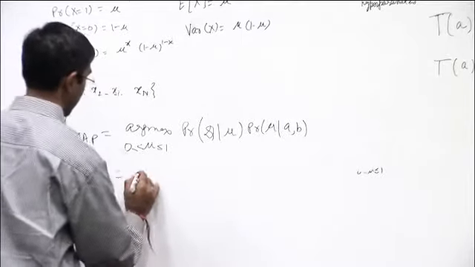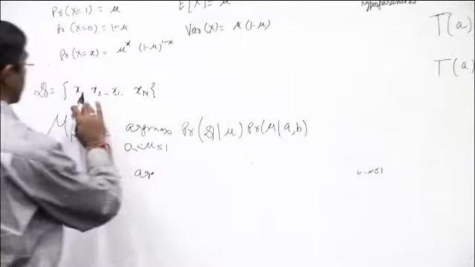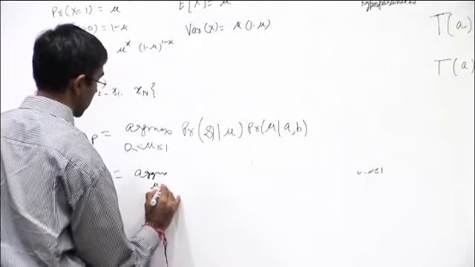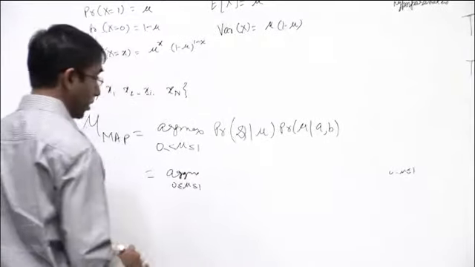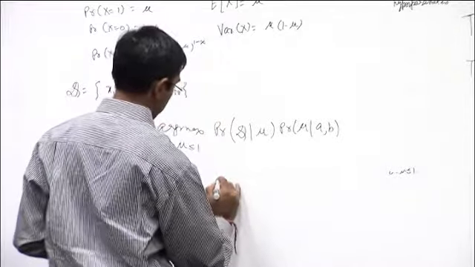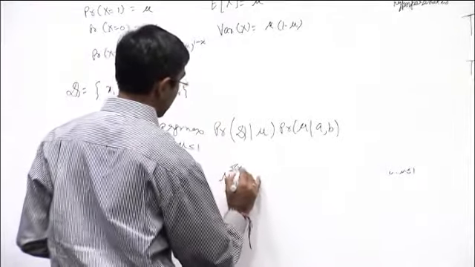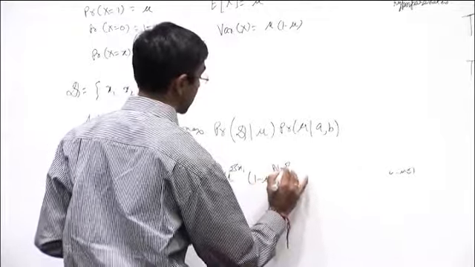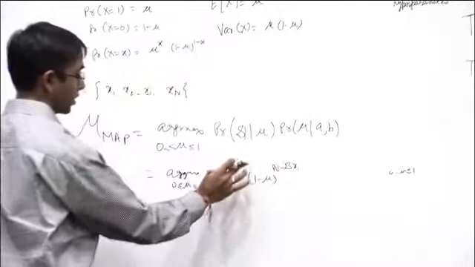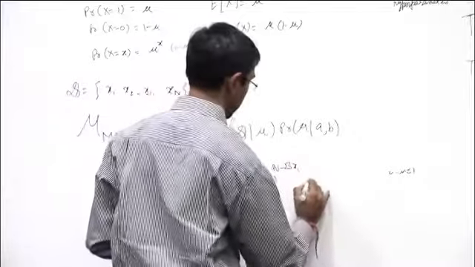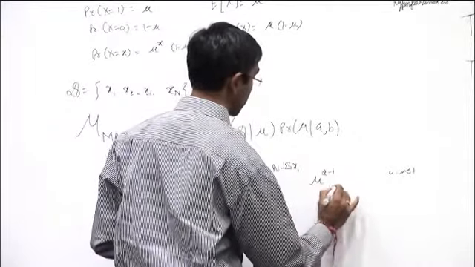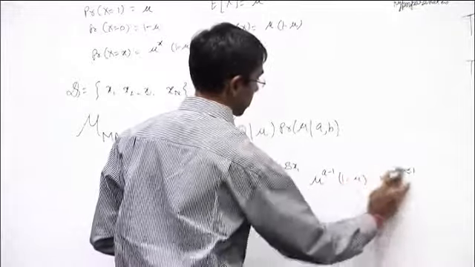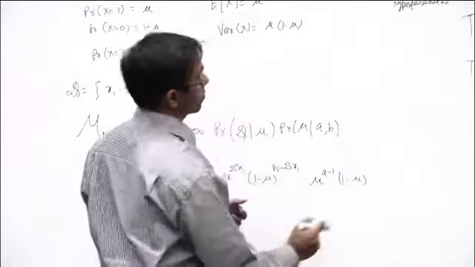As we did earlier, using independence of these xi's, you can write this as argmax of mu to the power summation xi, 1 minus mu to the power n minus summation xi, times mu to the power a minus 1, 1 minus mu to the power b minus 1.